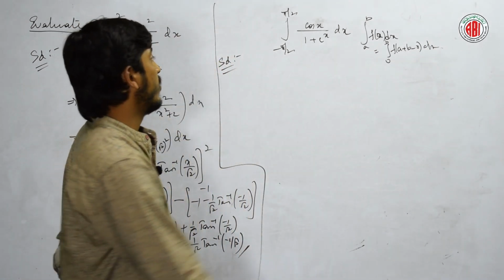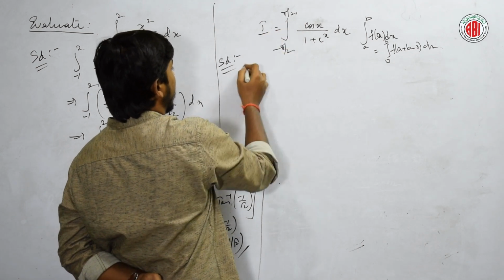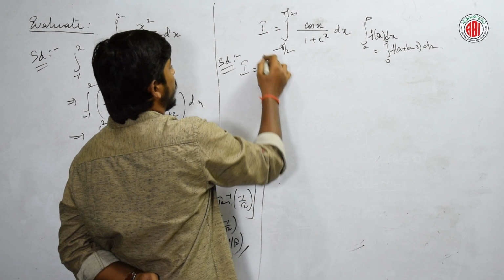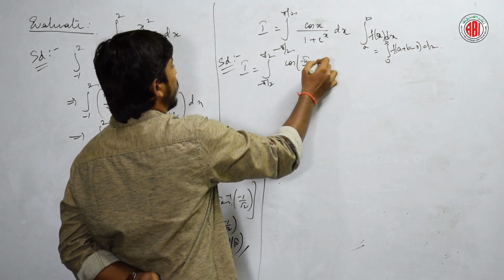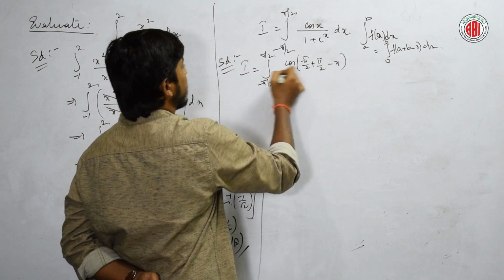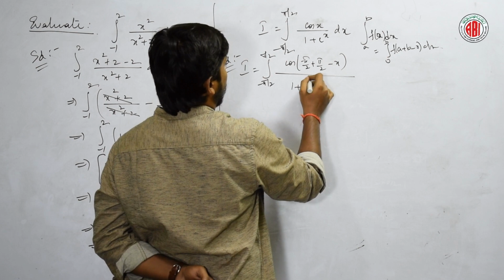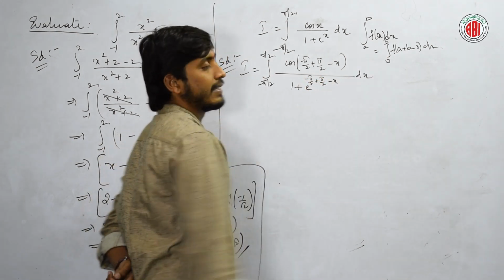Right? So let me write it, first let us take it as I. Integral from minus pi by 2 to plus pi by 2 of cos of minus pi by 2 plus pi by 2 minus x divided by 1 plus e power minus pi by 2 plus pi by 2 minus x dx.